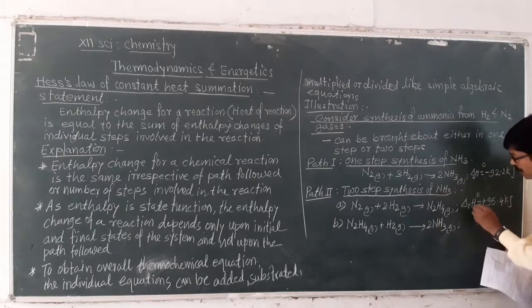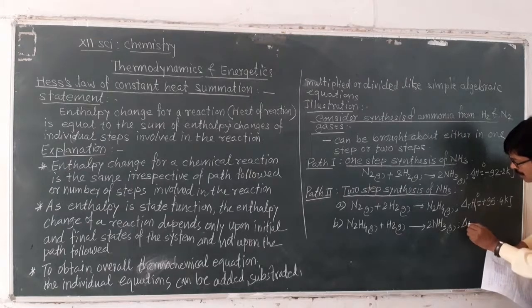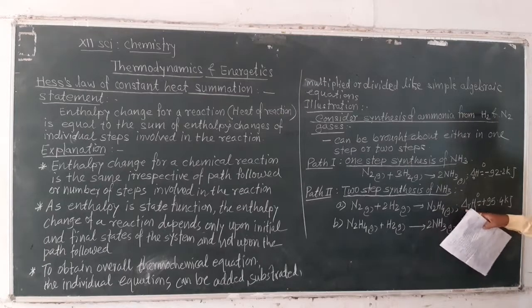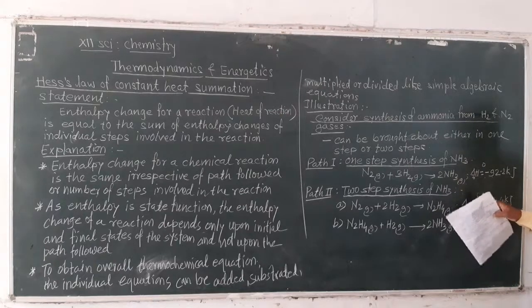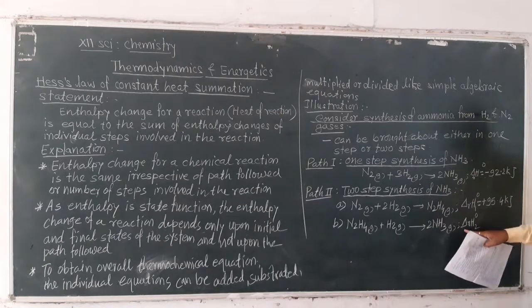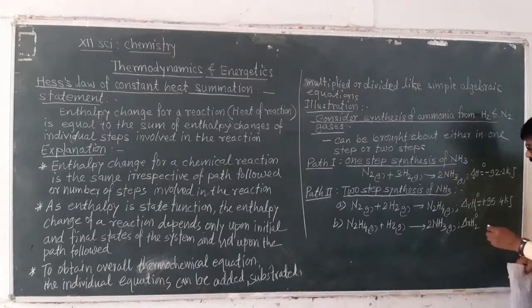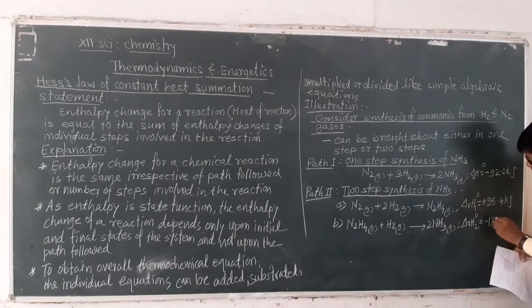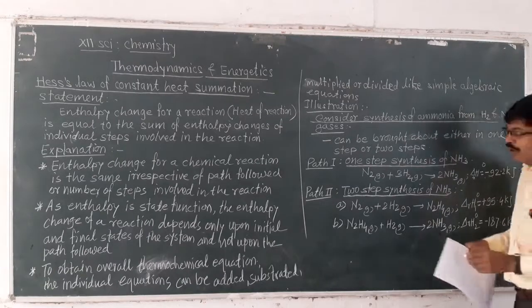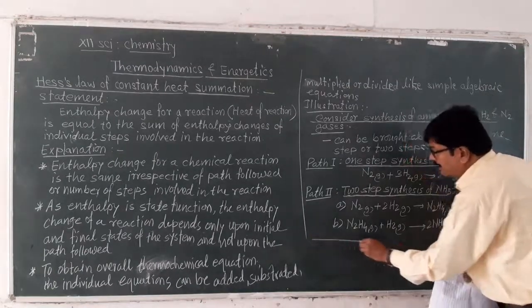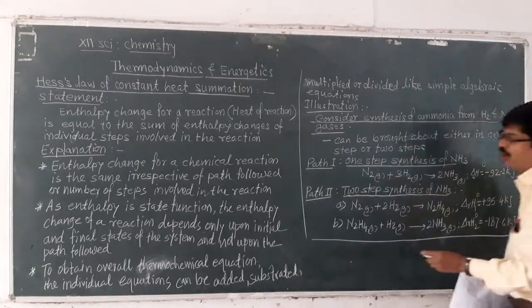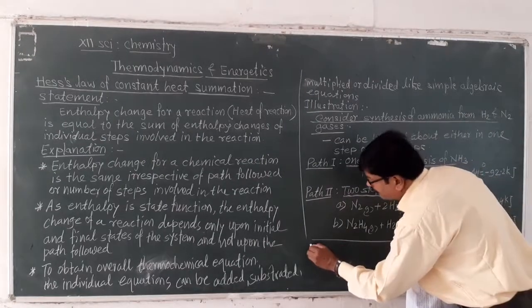Say enthalpy change for the first reaction is delta r H1 naught, and enthalpy change for the second step, delta r H2 naught, is minus 187.6 kilojoule.